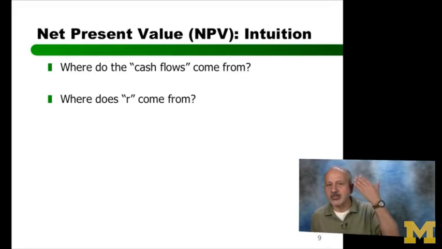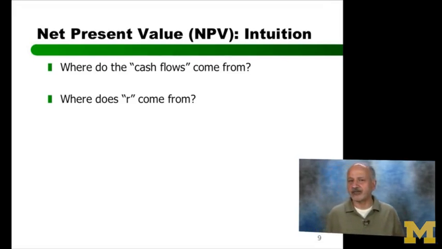But what I'm saying is it's your responsibility to do all the hard work to show what the cash flows and benefits of your idea are. Where does R come from? R is an extremely critical aspect of finance. R captures the opportunity cost of investing in this idea.